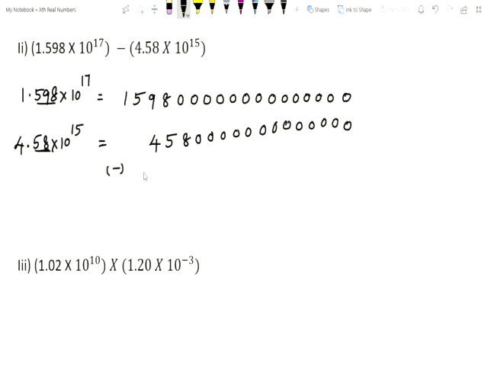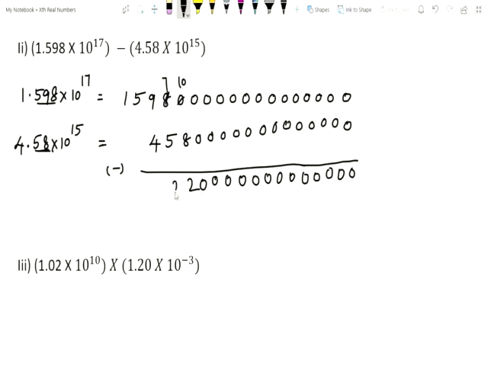Now what are we going to do? We are going to subtract. So 0, 0, 0, 0, 0, 0, 0, 0, till this you put 0. Here 0 minus 8 we can't subtract, so borrow 7, it becomes 10. 10 minus 8 is 2, 7 minus 5 is 2, 9 minus 4 is 5, 5, 1.